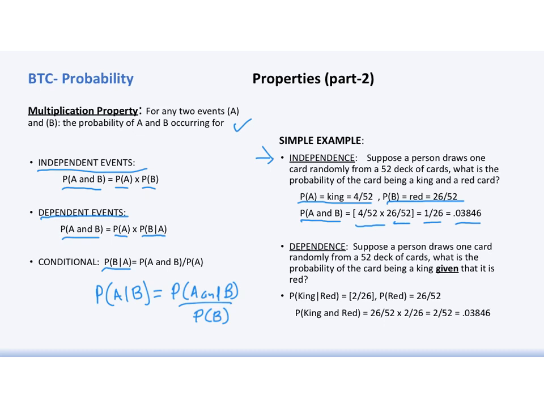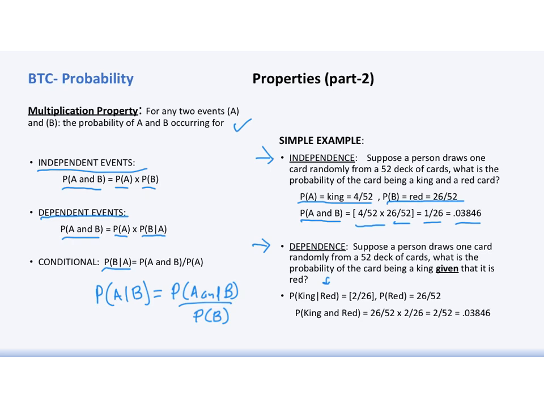Now let's look at how to calculate it under dependent situations. Suppose a person draws one card randomly from a 52 deck of cards. What is the probability of a card being a king given that it is red? Given that we have chosen a red card, how many kings are there among red cards? There are 2 out of 26. So the probability of a king given a red card is 2 out of 26.